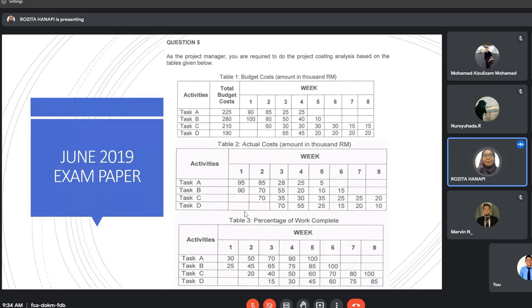So jawapannya adalah 185 tambah 25 tambah 188 tambah 130 tambah 75 tambah 45, 903. Okay. So at the end of week 7, the cumulative actual cost is 903.